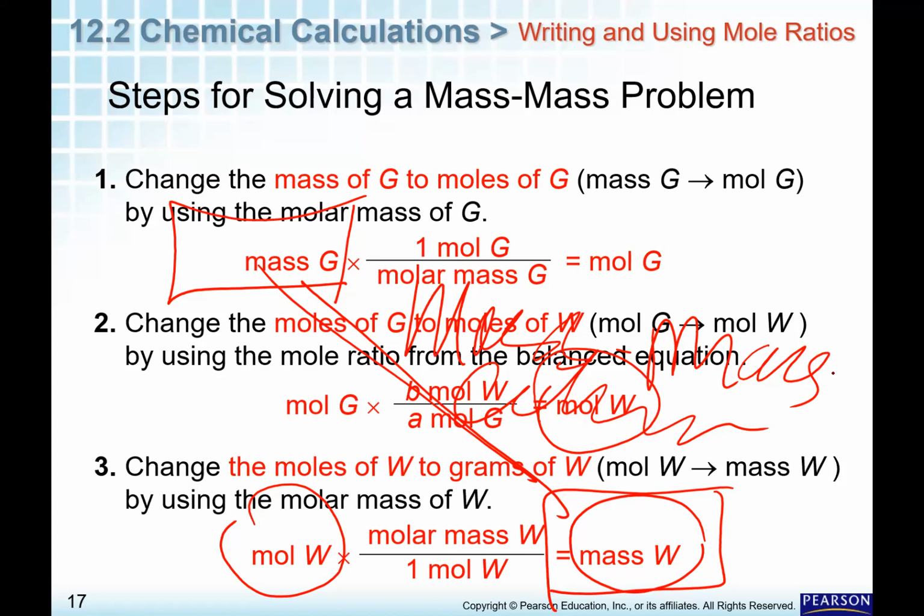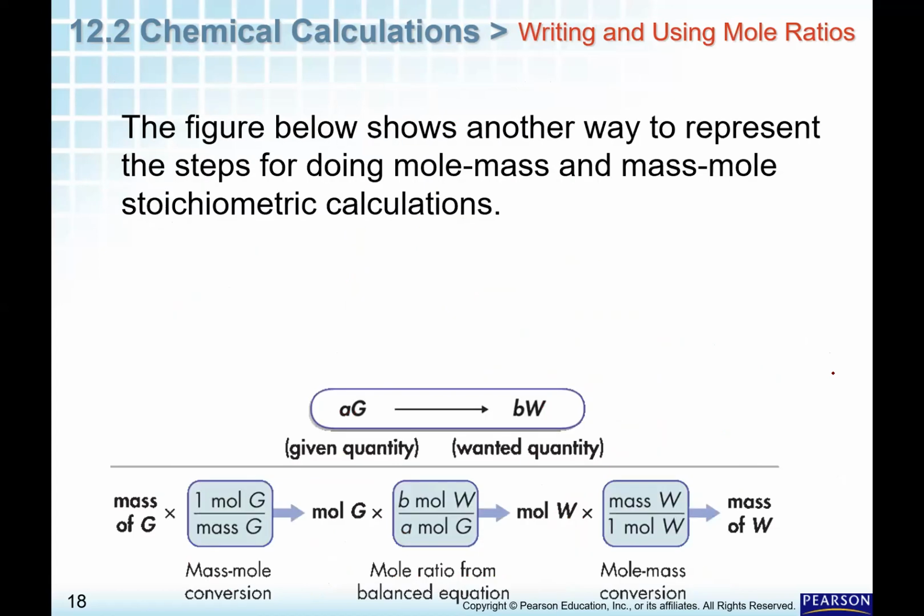Okay, so we have the mass or the grams of the reactant converted into moles of the reactant by the molar mass conversion factor, then taking the moles of the reactant into the moles of the product using the conversion factor from the equation, and then taking the moles of the product back into the mass using the molar mass of the product.